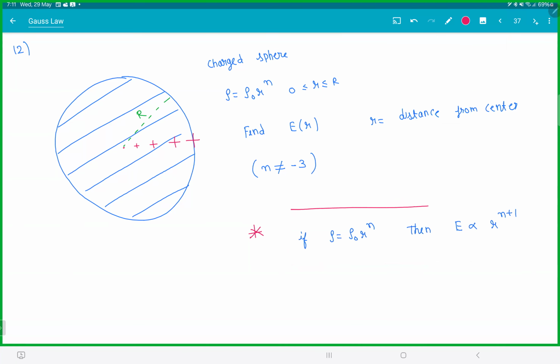Let's try to prove it now. For example, if rho is constant, a uniformly charged sphere, then n is 0, right? Then this would be r power 1, a linear function. So if it was some kind of integer question, you could figure it out. Rho r power n plus 1 by 3 epsilon. Okay. Try. Others, I'll give you a minute.